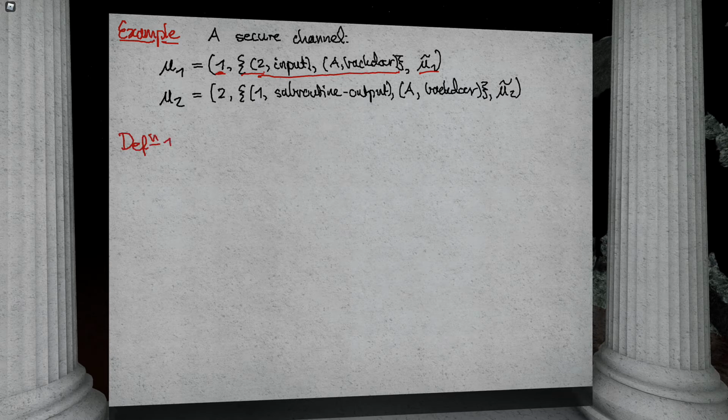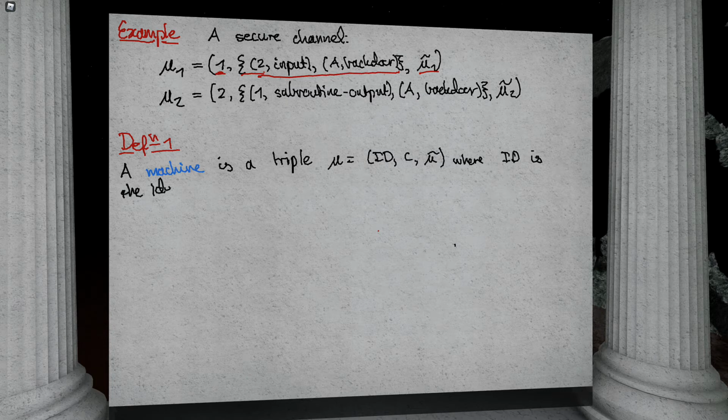So my first real definition is a machine. A machine is a triple mu. The first element is the ID. The second element is the communication set. The third element is some kind of code of the program. Identity.